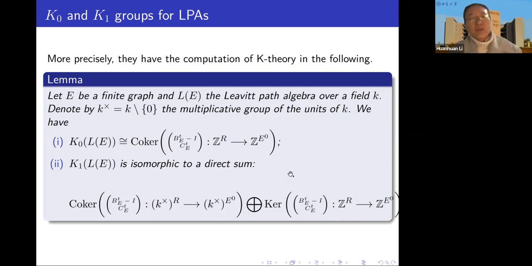Since here we have K0 and K1, there are two parts, and later we want to relate the graded Grothendieck group for Leavitt path algebras with K0 and K1. So we hope that from the graded Grothendieck group for the Leavitt path algebra we can get K0 and K1.